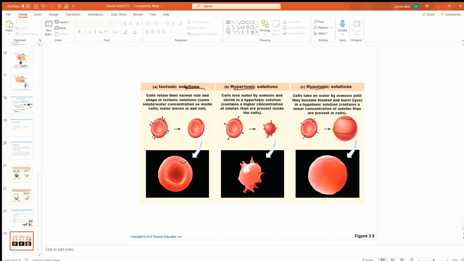Then I talked about the structure of the cell membrane, right? Proteins in the cell membrane, two types of proteins and their functions. Then I talked about the transport across the cell membrane, intercellular junctions or joints formed by the peripheral proteins, three types of joints or junctions I talked about, right? Tight junctions, desmosomes, gap junctions, and the response of a living cell in three types of solution: isotonic, hypertonic, hypotonic. So those are the things you need to know.